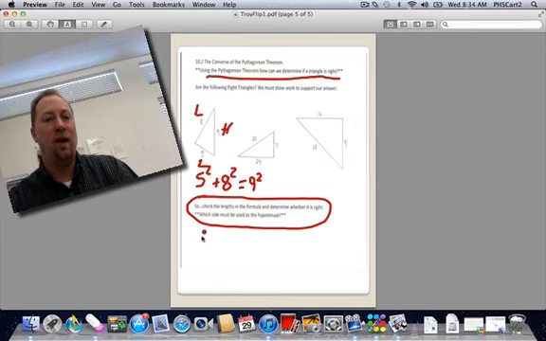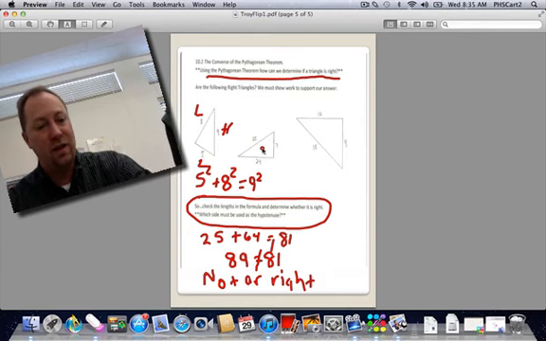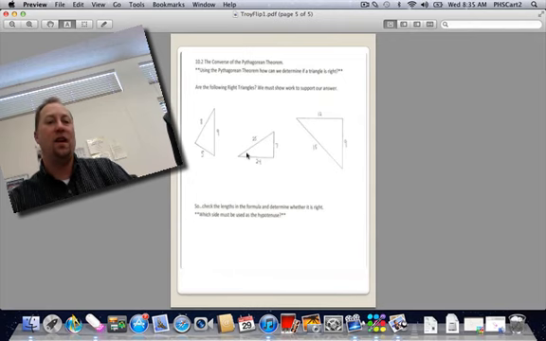And as I work through that, I would have 25 plus 64 equals 81. When I wind up with that, I get 89 equals 81, which is not true. So in this first example, that is not a right triangle.